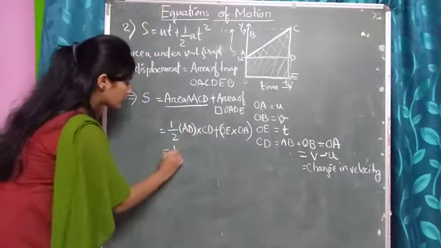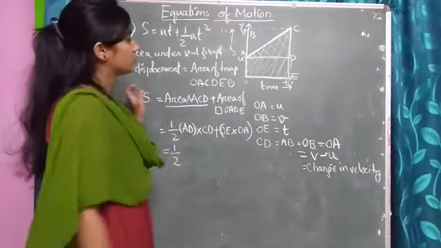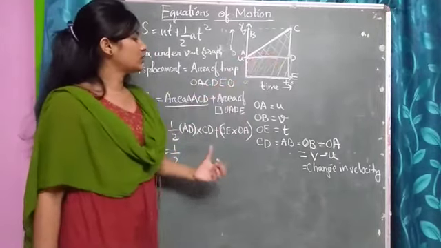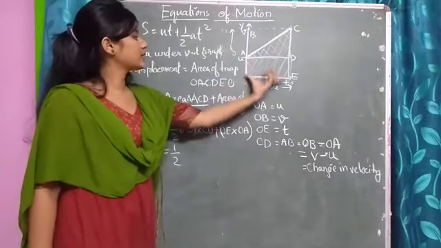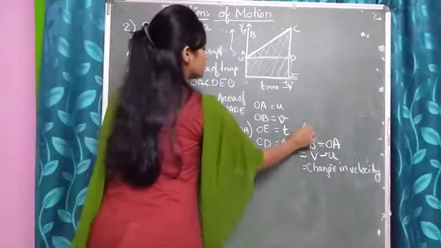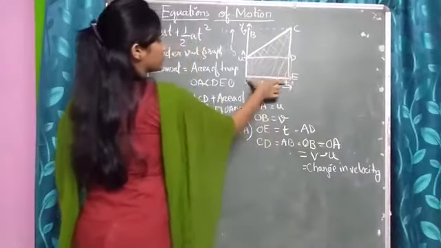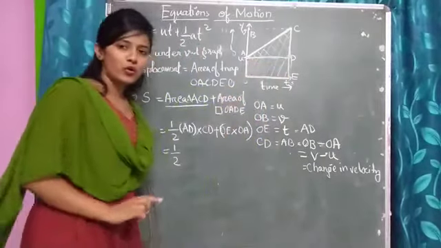So now put the formulas. Half AD. AD is equal to OE.